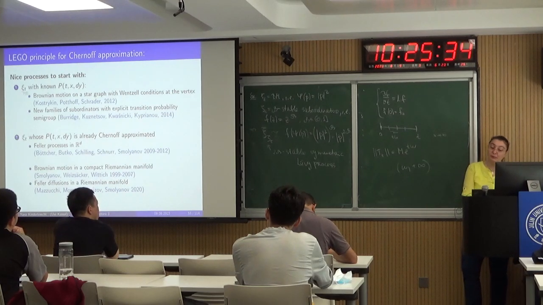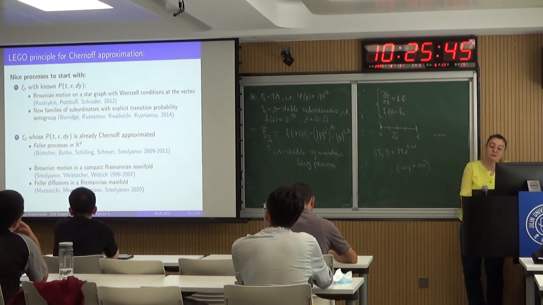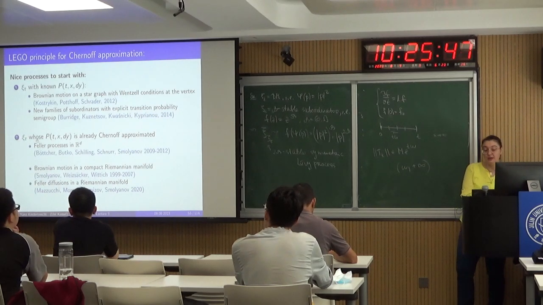So it's nice to start with a process or operator which corresponds to a known semigroup or known submarkov kernel. Or it is nice to start with a process or operator whose semigroup or whose transition kernel is already Chernoff approximated. In particular for Feller processes, PDE, you know Chernoff approximation.